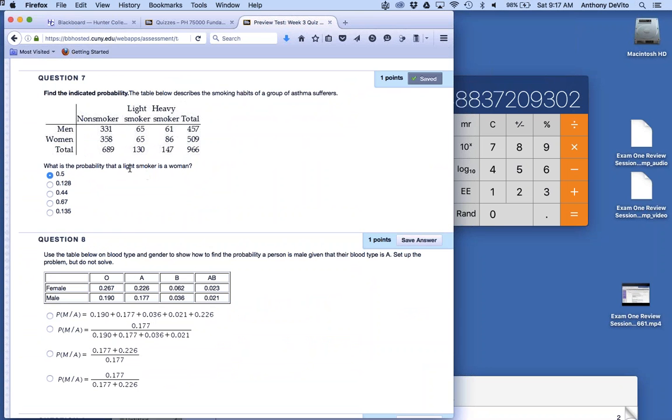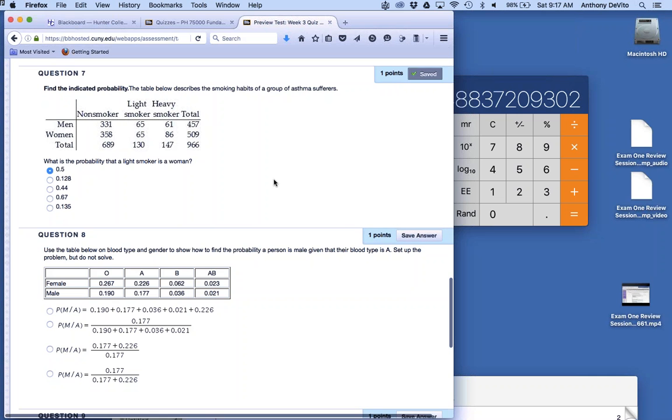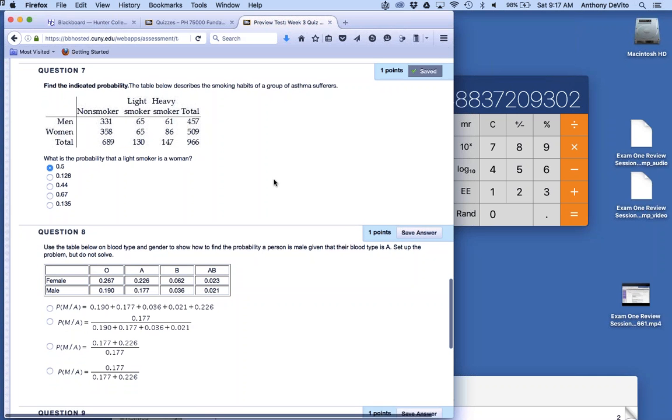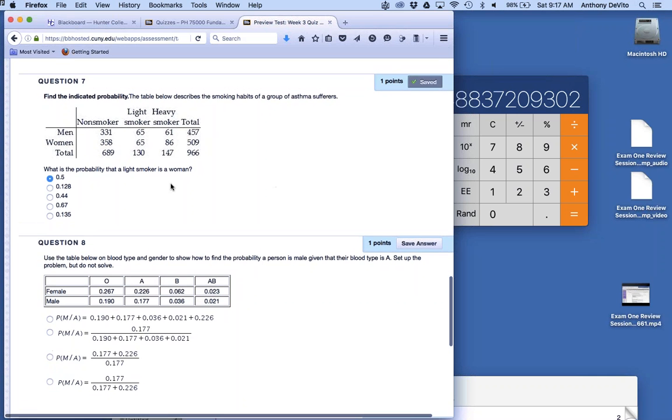Then the primary condition is that it's a woman, right? Which means that we have 509 people that we're looking at, and the probability that they're a light smoker would have been 65 over 509. See how that reverses? Does that help, Carosella? Does that make it a little bit clearer?